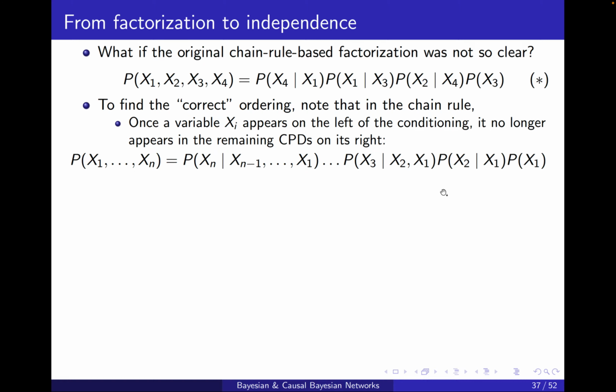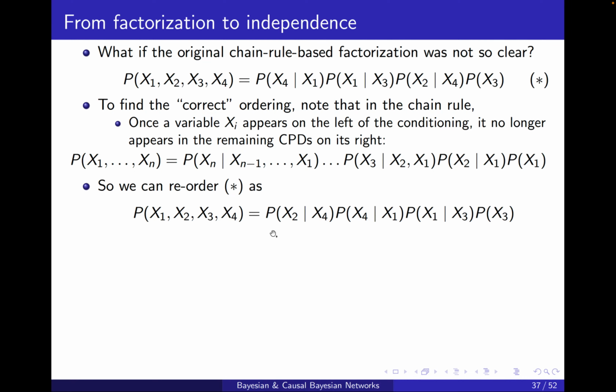Okay, and based on this, we can now find the correct ordering of the chain rule factorization. So for example, x3 cannot be the first one because it later on appears here. And also, can x4 be the first one? No, because it appears here. And can x1 be? No, because it appears here. So the only one is x2. And you can continue with the next one.